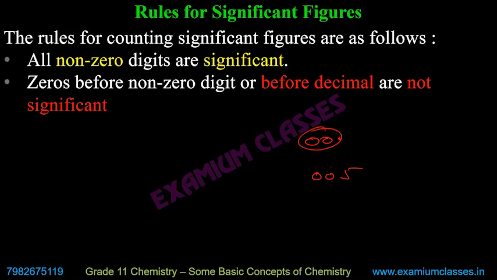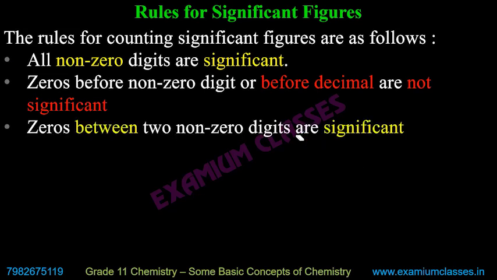These zeros are non-significant. Why? Because you don't have any significant digit here. For example, 0.0052. If these are towards the left, they are never considered in significant figures.